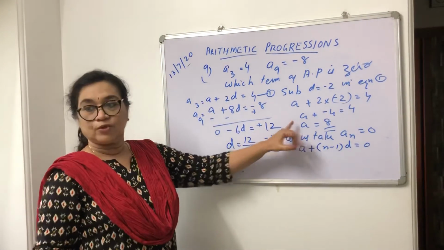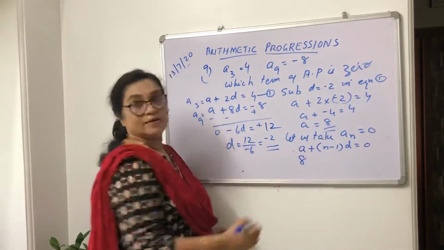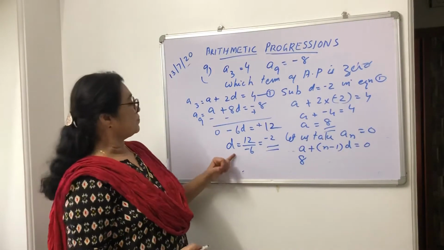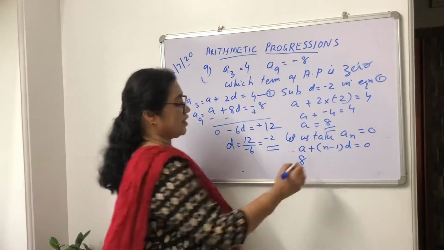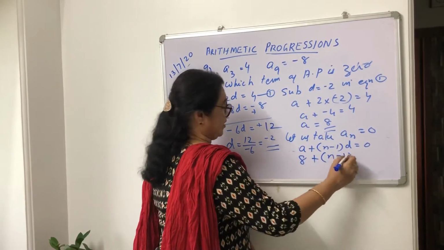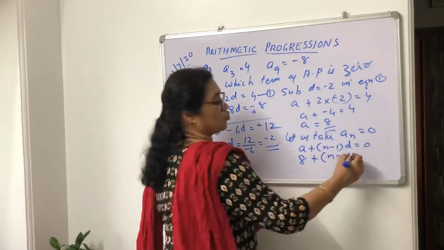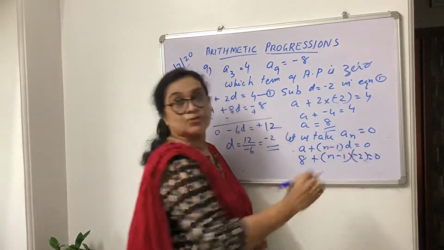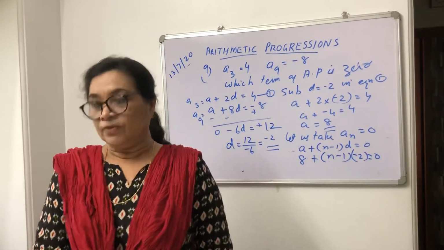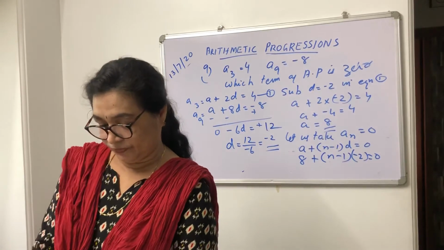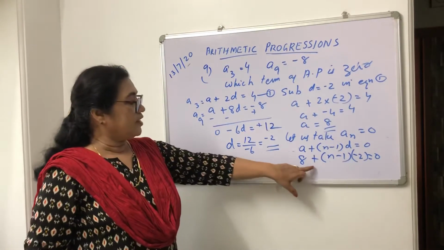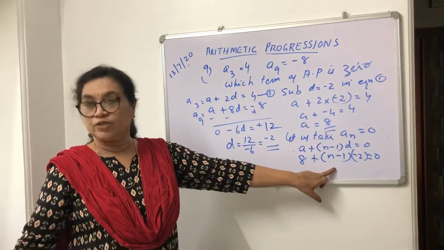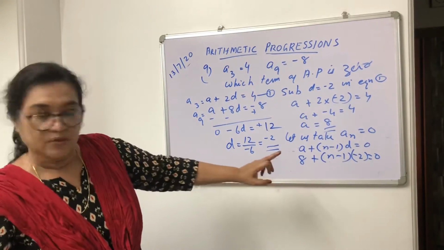A is equal to 8 plus N minus 1 into D, which is minus 2, equal to 0. Then 8 plus N minus 1 into minus 2 equal to 0.